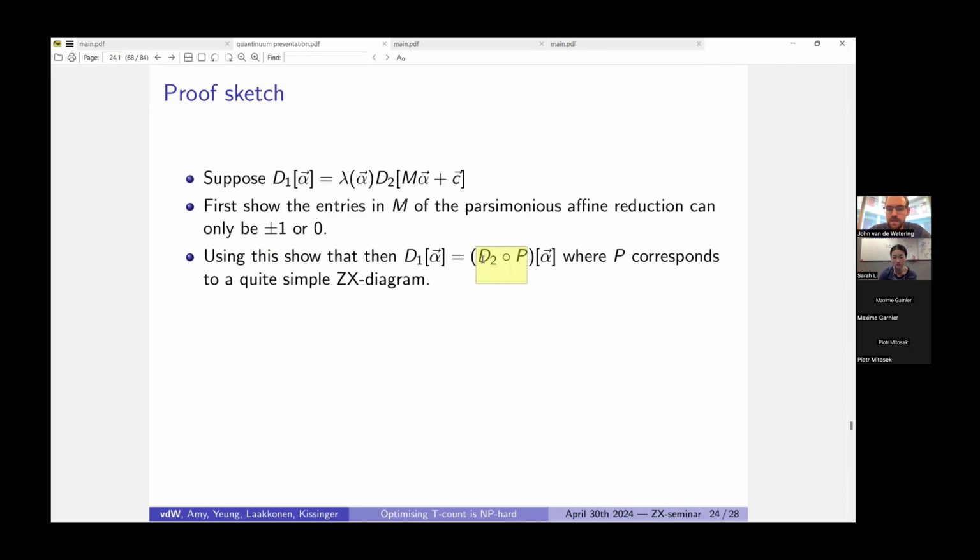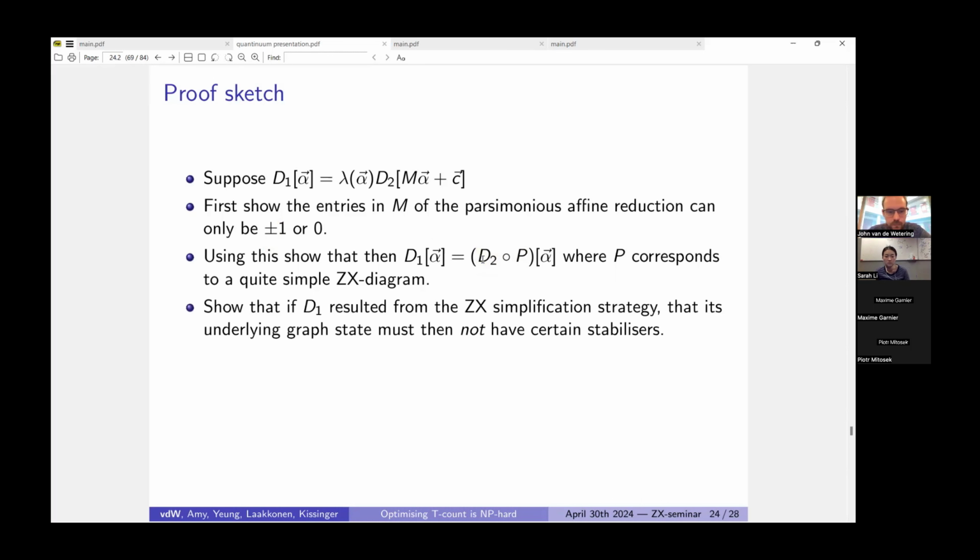So now this D2P is actually some Clifford diagram, and that allows us to study this diagram using stabilizer theory. What we can show is that this diagram D1, if it resulted from the ZX simplification strategy, its underlying graph state must not have certain stabilizers, because if it were to have those stabilizers, then we could have fused more parameters.